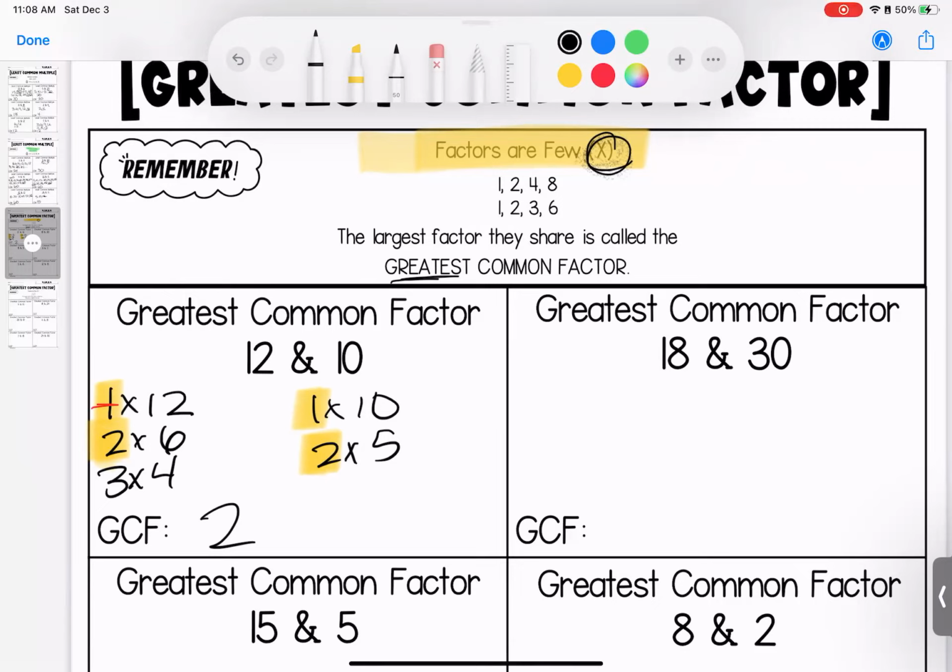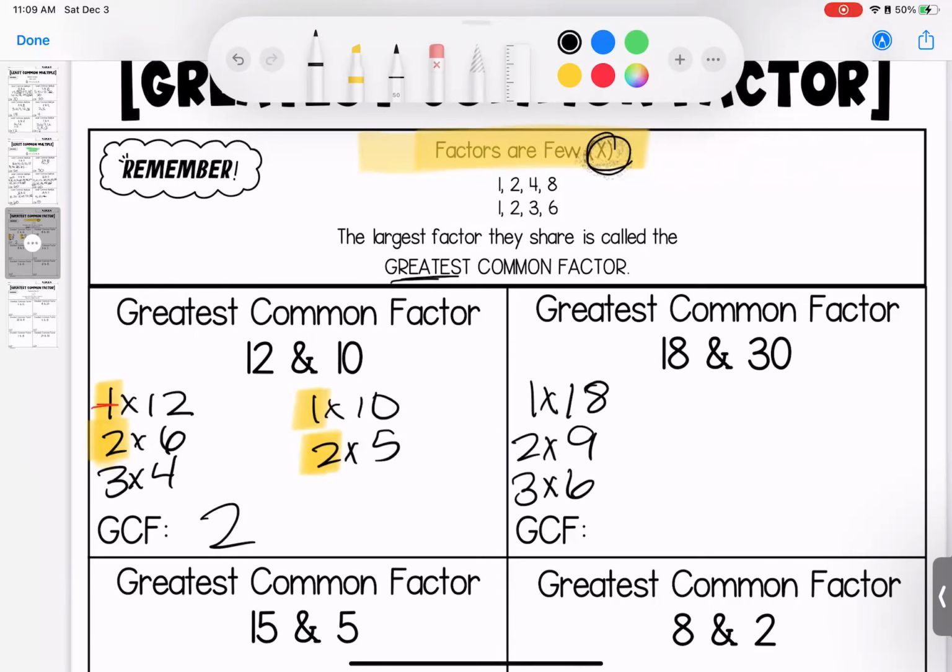All right, let's look at the factors of 18 and 30. Remember with these, we're thinking, what are all of the factors I know? I'm looking for the biggest one that they have in common. It's really important that we list all of the factors if possible. 1 times 18, 2 times 9, 3 times 6.